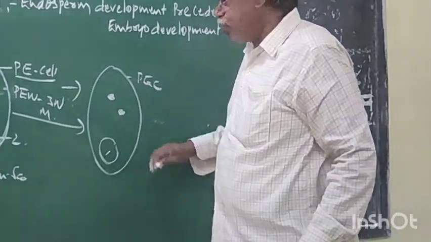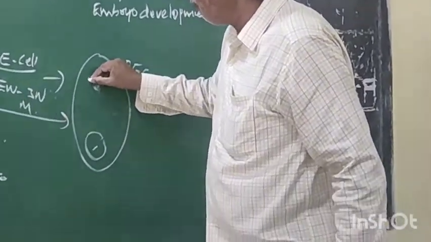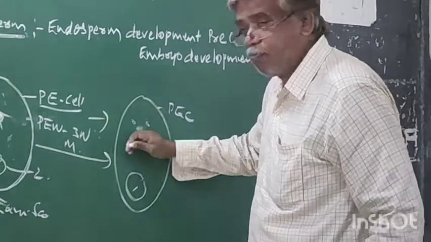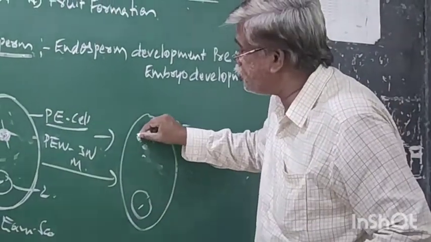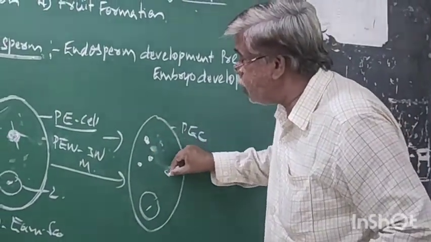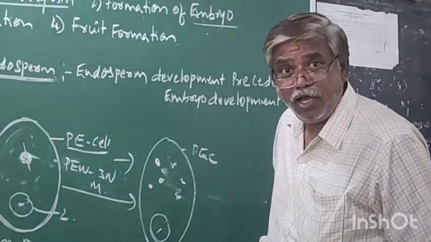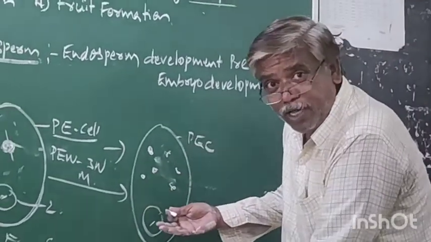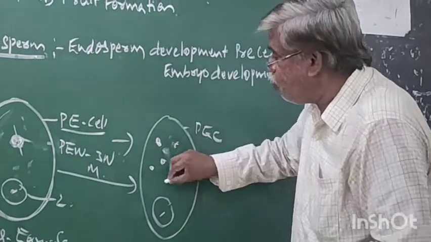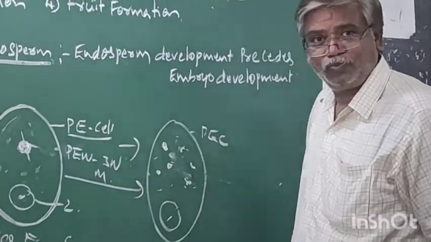Again these two divide: 4 become 8, 8 becomes 16, like multinucleate. This multinucleus is floating in the cytoplasm.